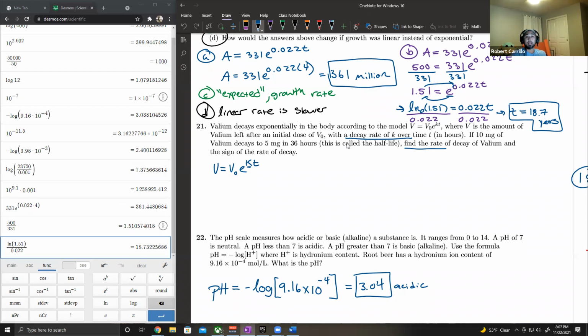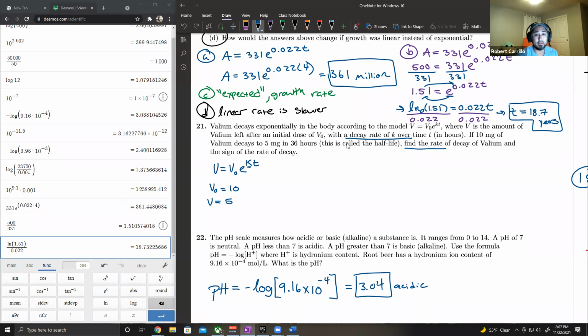But let's go ahead and plug in the parts that it's giving us. V is the amount of volume after an initial dose, and V initial is the initial dose. So if 10 milligrams of volume decays to 5 milligrams, this means that the initial dose was 10 and the amount after was 5.